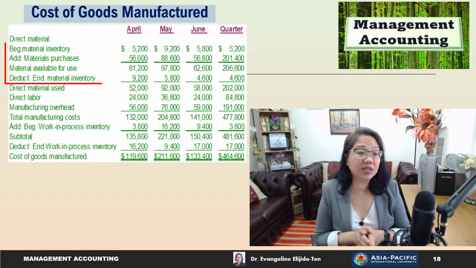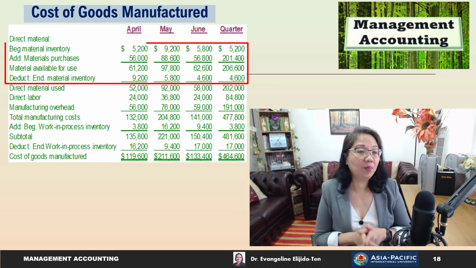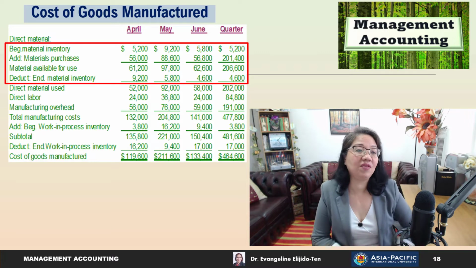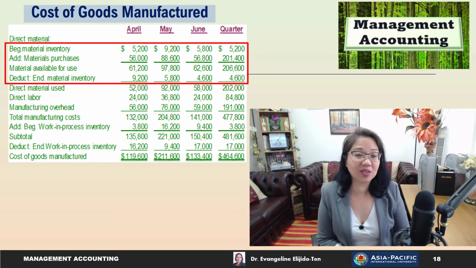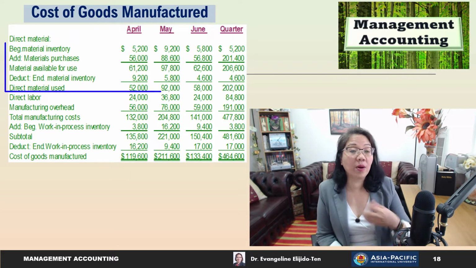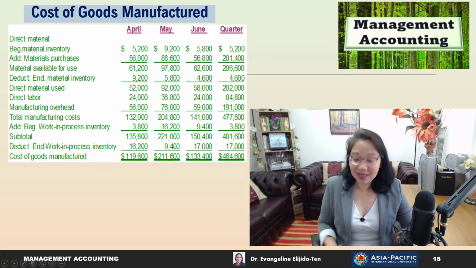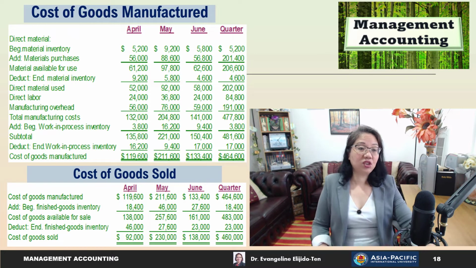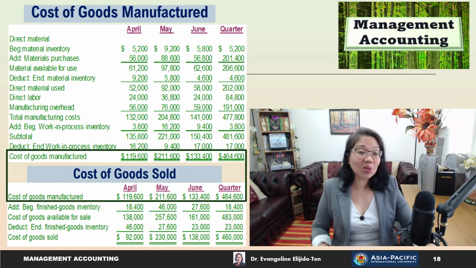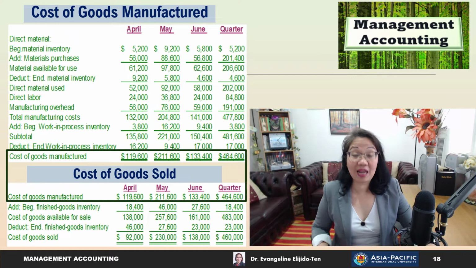The direct materials beginning inventory, purchases, and ending inventory amounts were taken from the direct materials budget. These amounts were multiplied by the cost of 40 cents per pound to arrive at the dollar amount. The cost of goods sold schedule starts where the cost of goods manufactured left off.